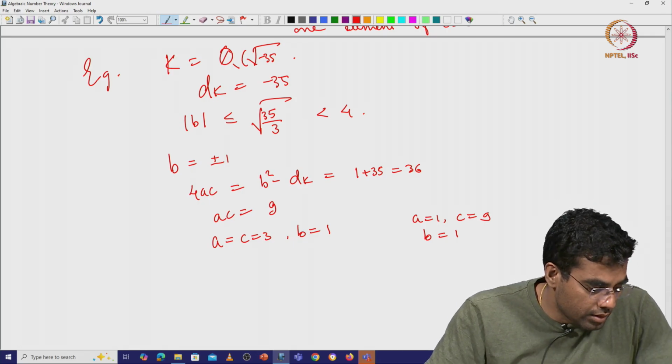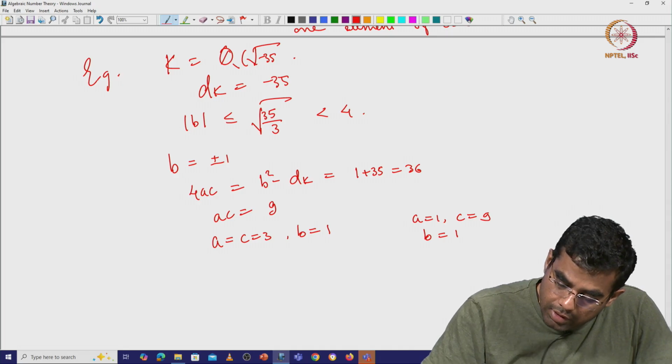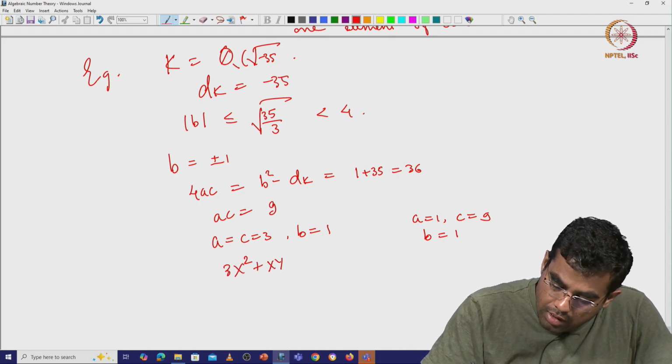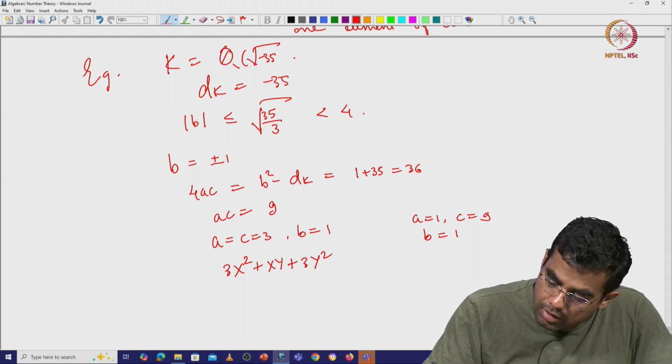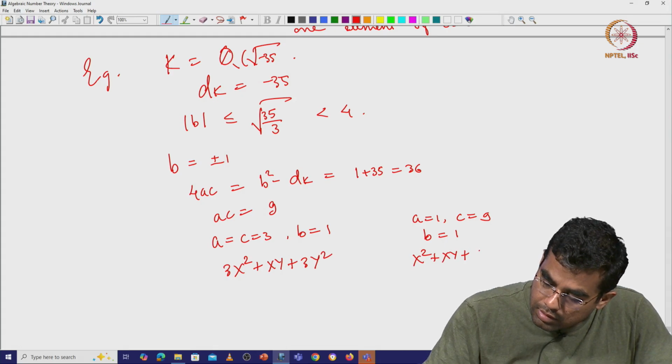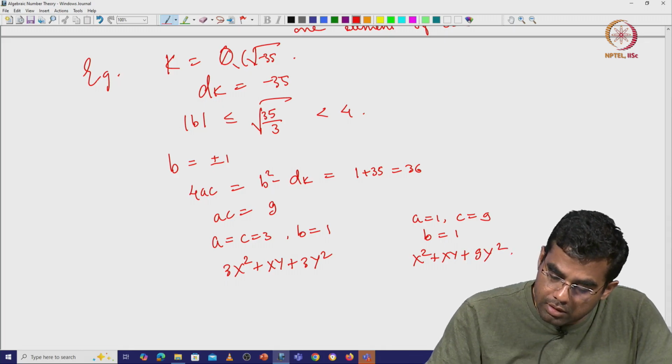So these are the only two binary quadratic forms, 3x squared plus xy plus 3y squared, or x squared plus xy plus 9y squared, and that is it.